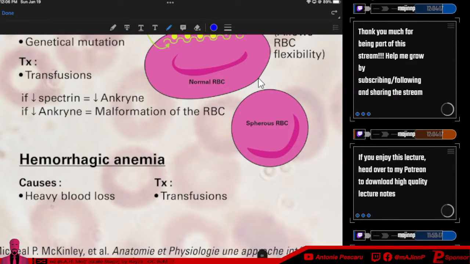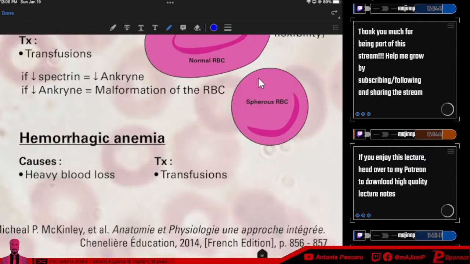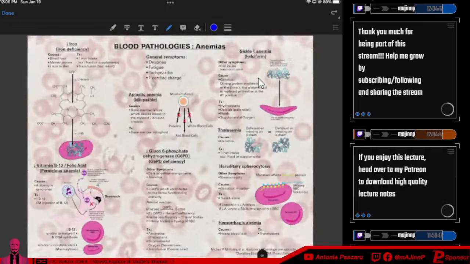Finally, like I said, one of the anemias includes hemorrhagic anemias. If you're losing blood, you are technically in an anemic state, because you don't have enough red blood cells to give oxygen to the tissues. Again, it causes heavy blood loss, and the treatment is transfusion. It's basically as straightforward as that.